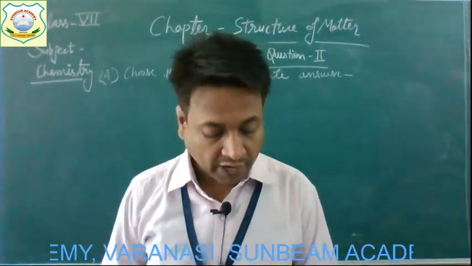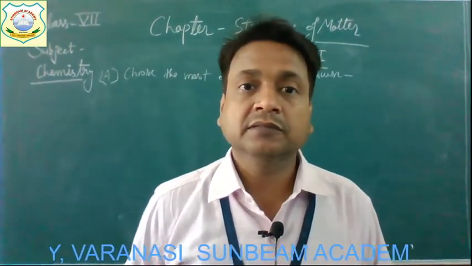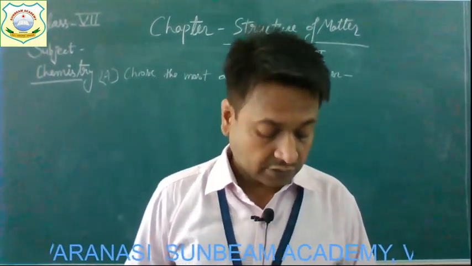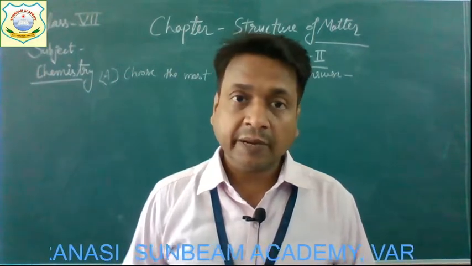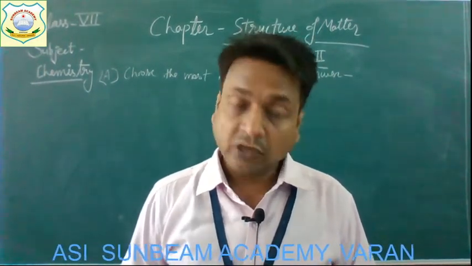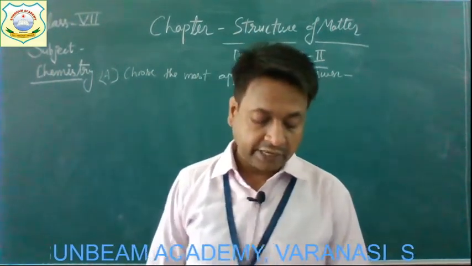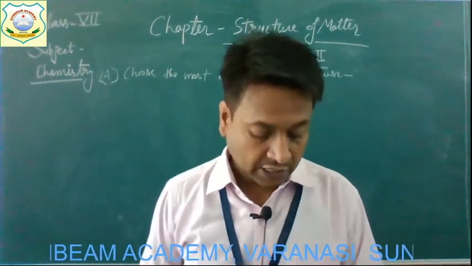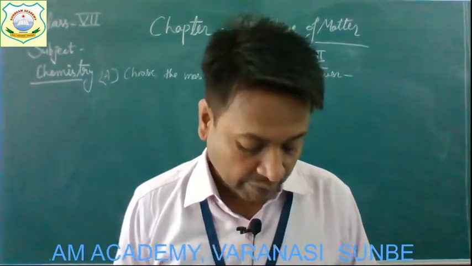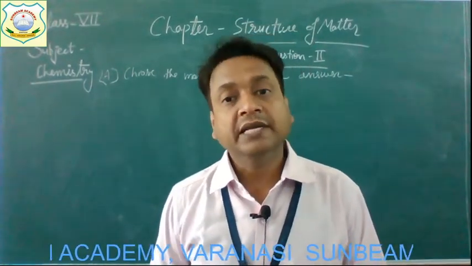Question number 1: atoms of elements. The options are: first, can exist independently; second, cannot exist independently; third, may or may not exist independently; and fourth, can exist independently but don't like to.